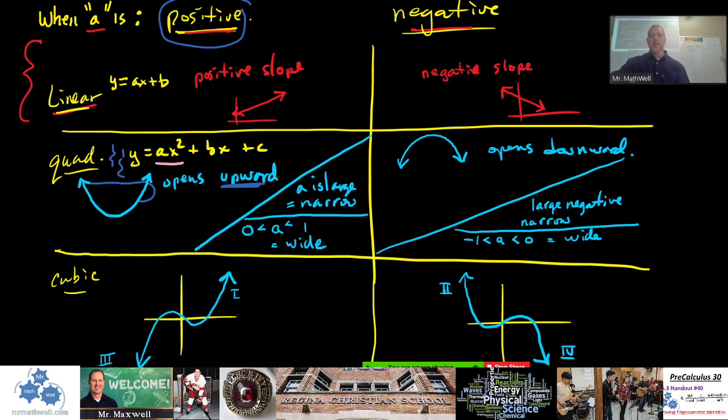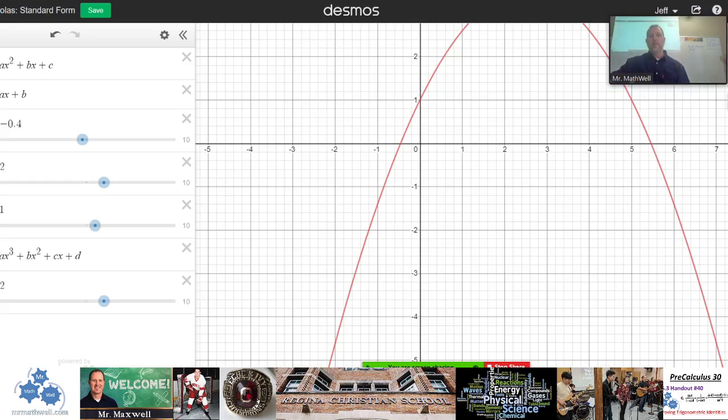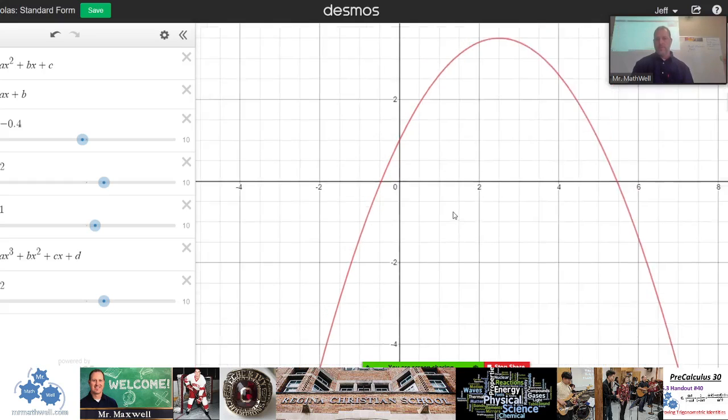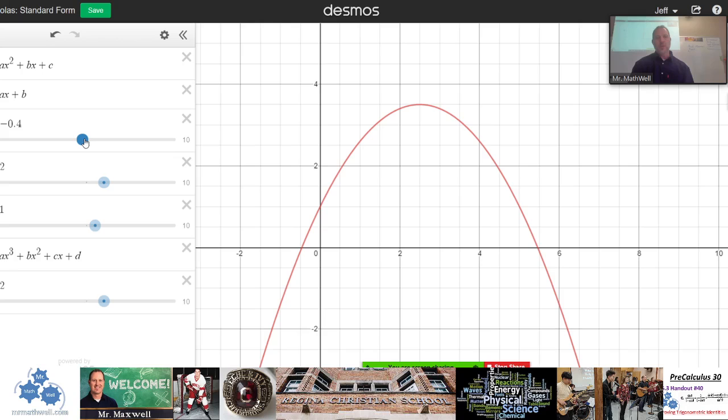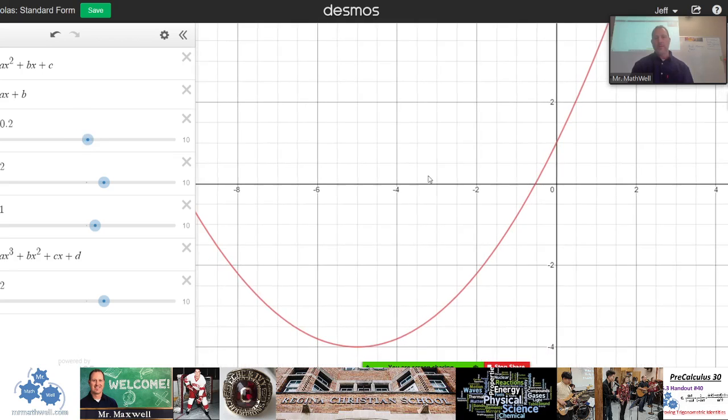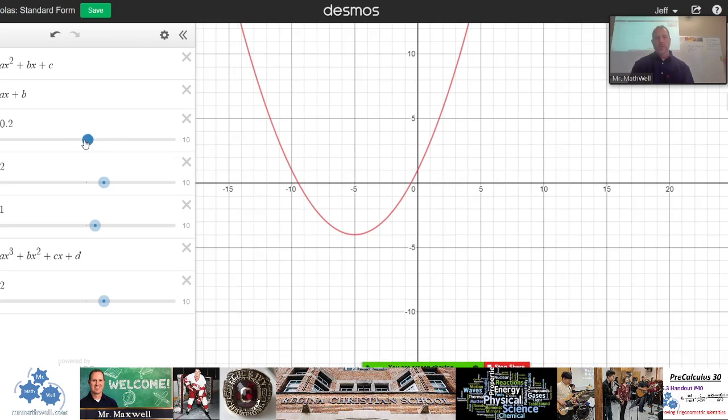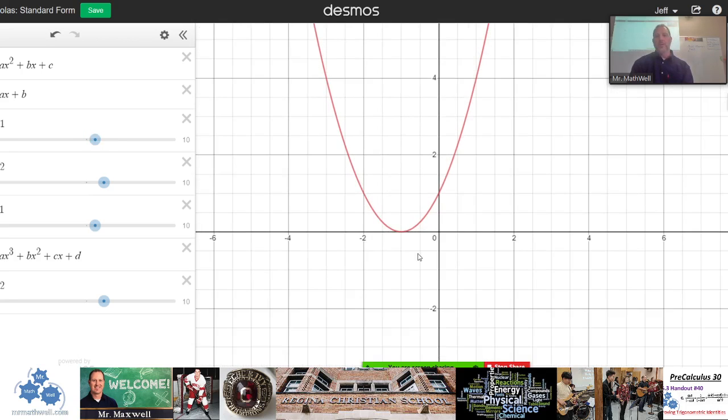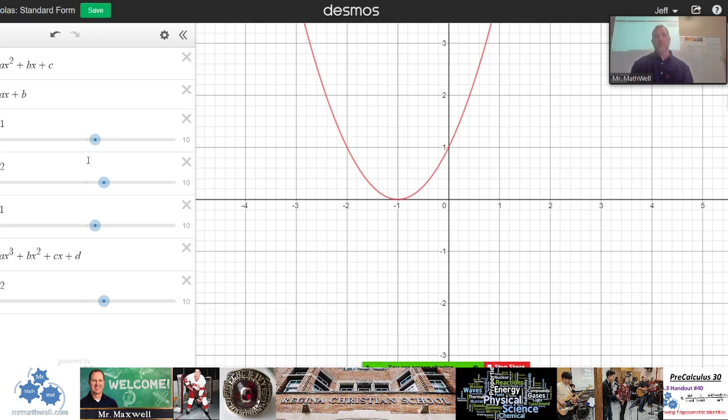So what happens when it's really, really small? Well, I could show you that here. Let's see. So when a is really, really small in the ax squared, or it's between 0 and 1, it's narrow. Wait, let me zoom out here. So here is a equals 1. That is sort of what we call the standard or normal width.